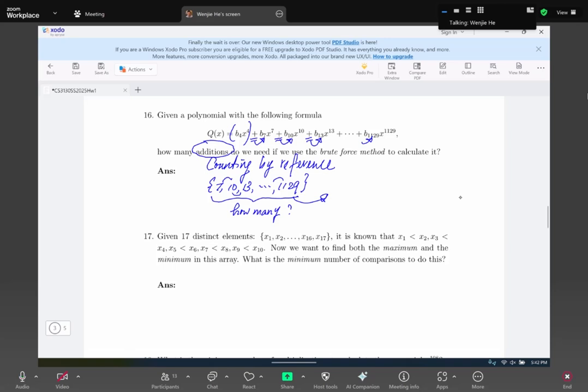So can you write out? Oh, 4. Oh, sorry. Yes, 3, right? 3. Okay, all right. So here you can see. Can you find the formula? What formula?